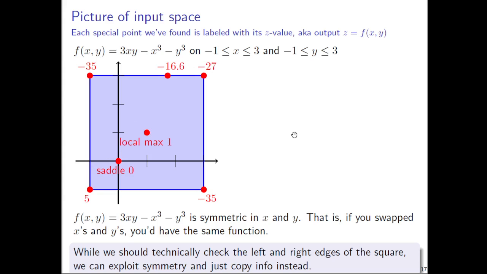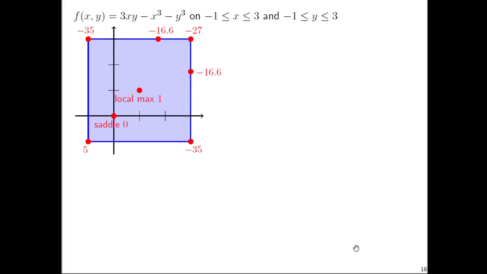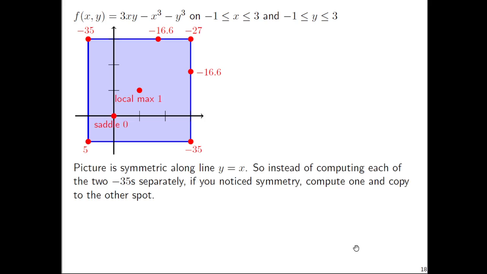We got lucky because of the shape of the problem, so we'll copy that negative 16.6 here. And those are all of the points we need to have labeled. All right, so then looking at this overall, this picture is symmetric along the line y equals x. So we didn't have to compute both negative 35 separately.